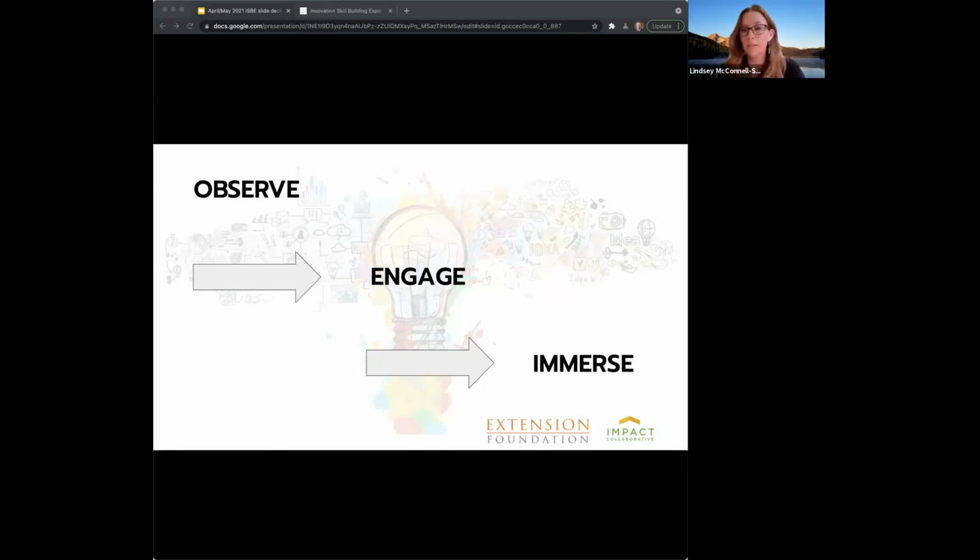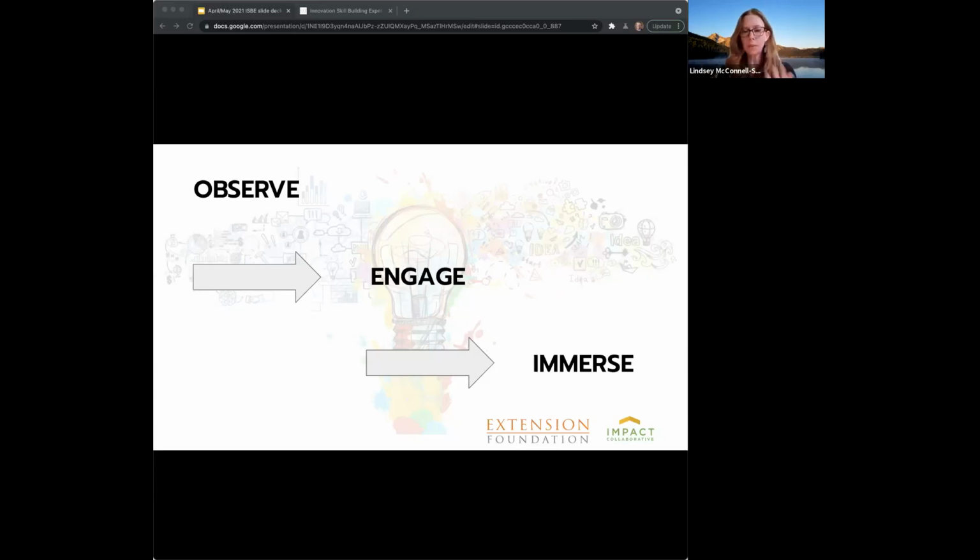Not every project is the same, and the process is going to vary quite a bit between projects. But it's crucial to do what you can. Ask yourself how you can observe, how you can engage, how you can immerse. Maybe that data already exists. Maybe somebody's already done that part, and then you can build off of that.